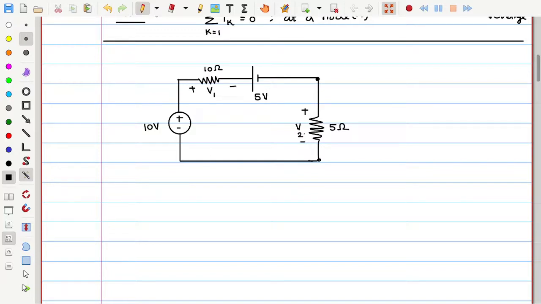Now we would like to apply the KVL for this corresponding circuit. First we see how to apply the KVL. Later on we use how these KVLs are used to find certain parameters. In the last session we discussed some of the things. What are they? The number of branches, number of nodes, and number of loops.